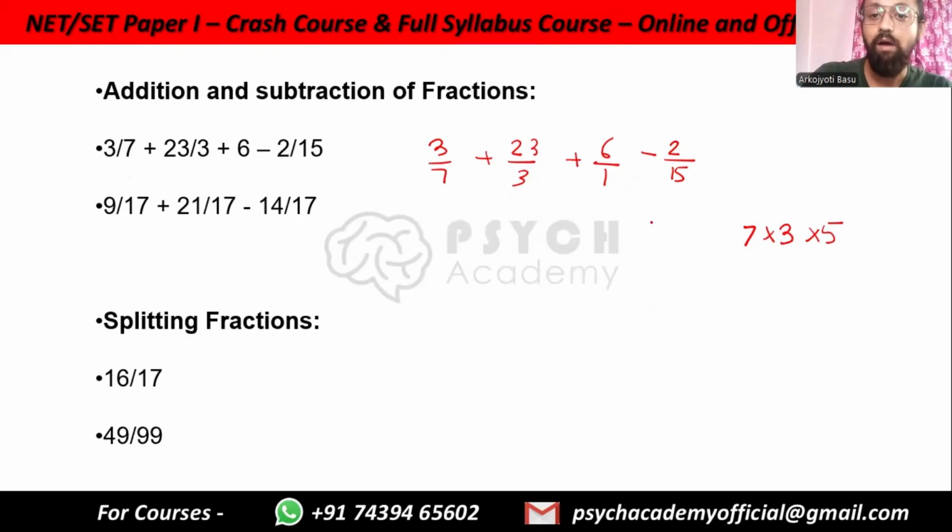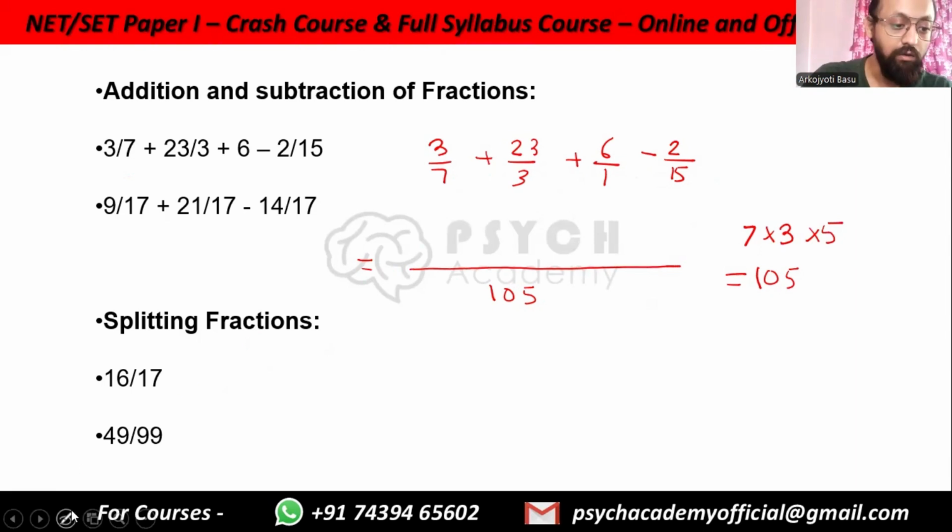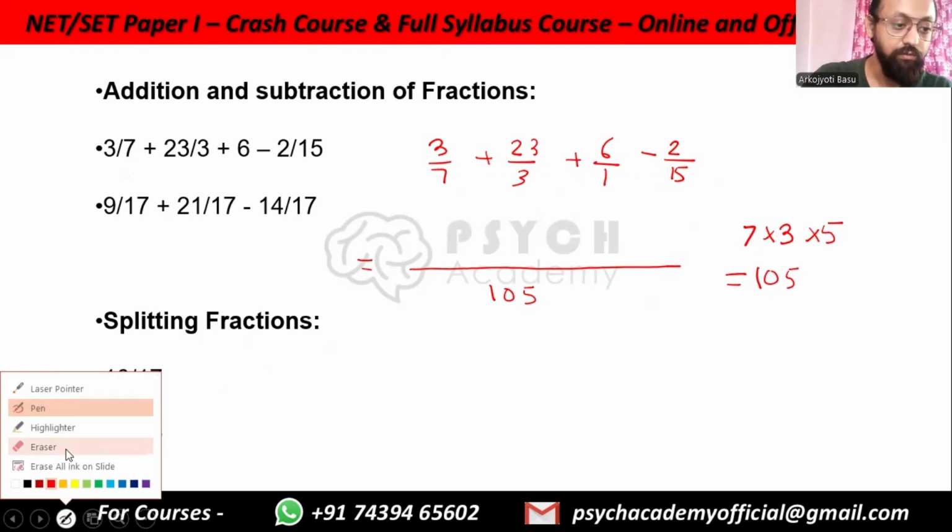We simply have to take all the prime numbers which are a factor of these numbers, and multiply them. So here we get 7 into 3, 21, into 5 is 105. So we have to make a common denominator of 105.